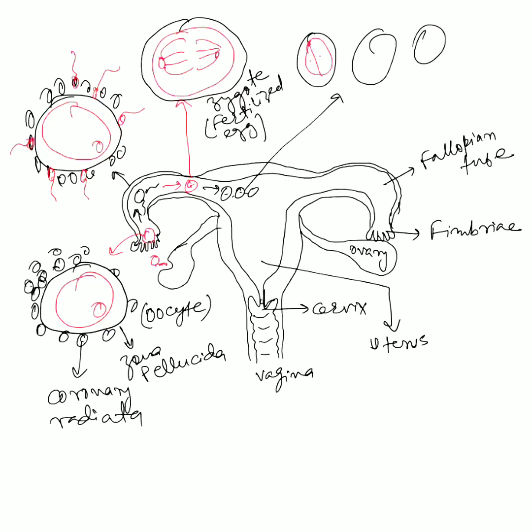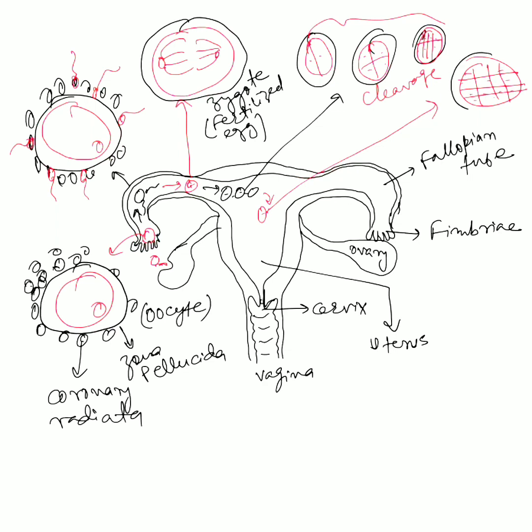Here is the 2 cell, here is the 4 cell, and here is the 8 cell structure. This process is known as cleavage. Then the 8 cell structure again undergoes mitotic division to form the 16 cell structure. Here also the zona pellucida is present.